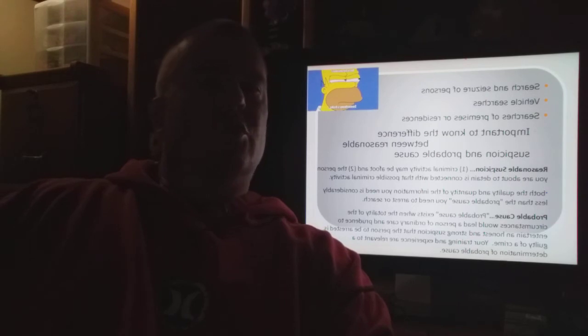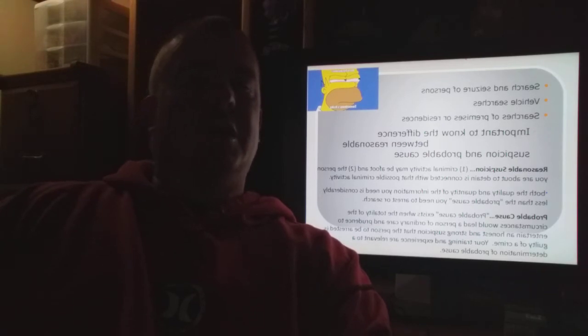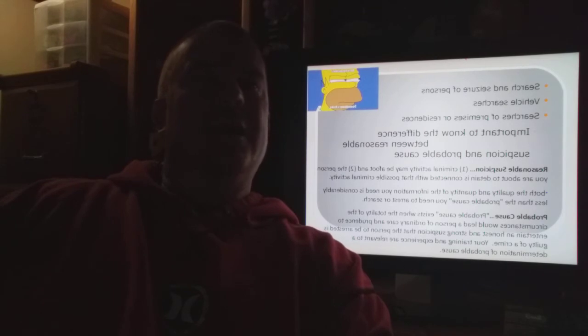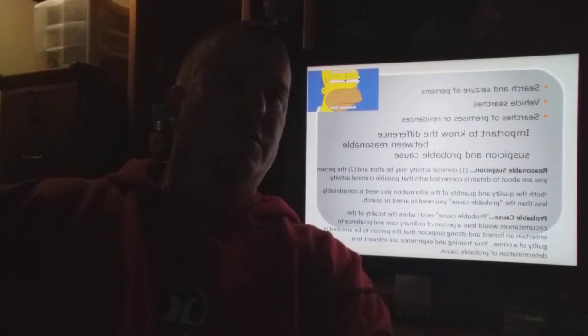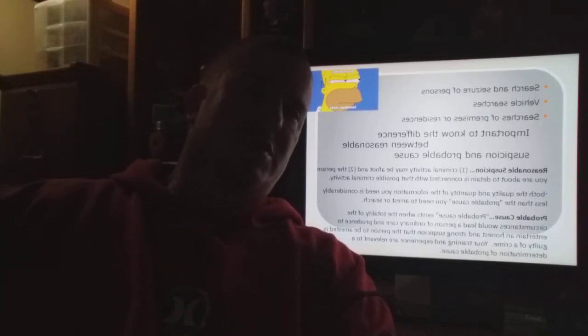Now, with all of these different ways of being searched or seized, it's important to know the difference between reasonable suspicion and probable cause. Each of those provide different layers of a burden of proof that have to be met for certain conditions, whether it's a search or an arrest or detention.